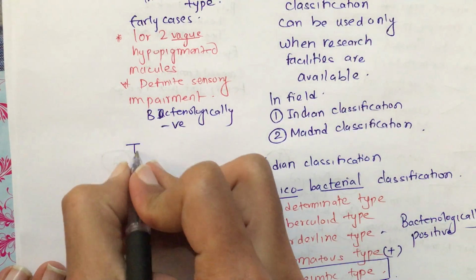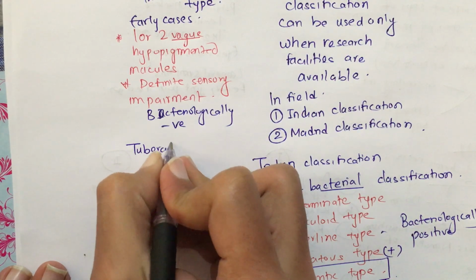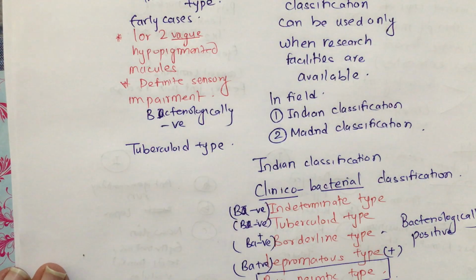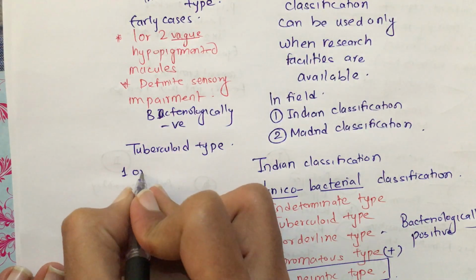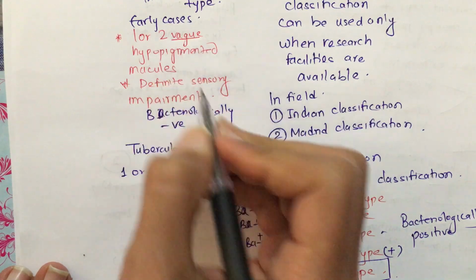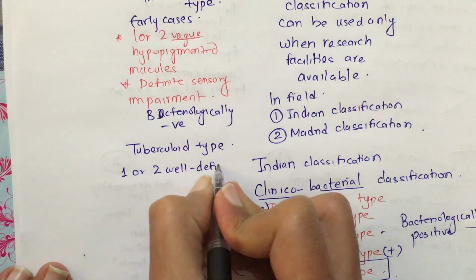Second is the tubercular type. These denote those cases with one or two well-defined lesions. Here it was vague, here it is well-defined.